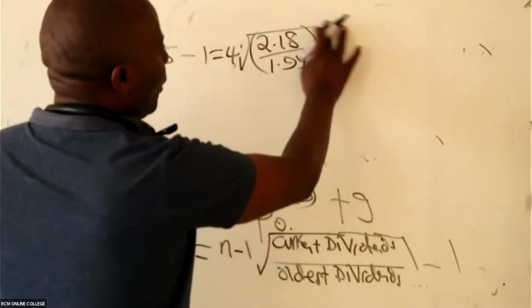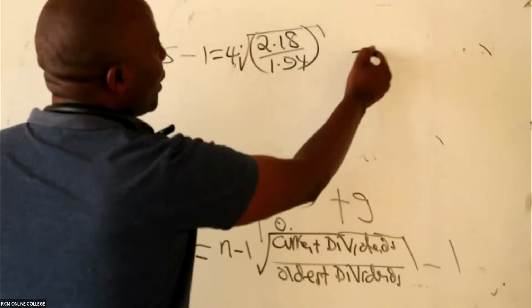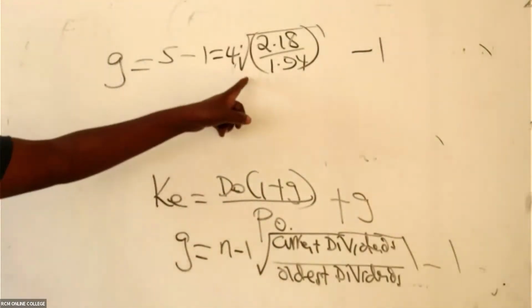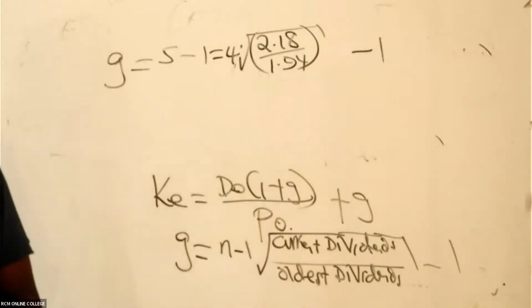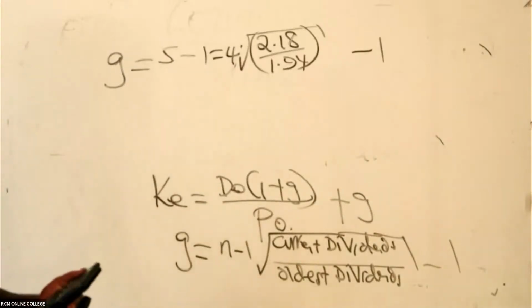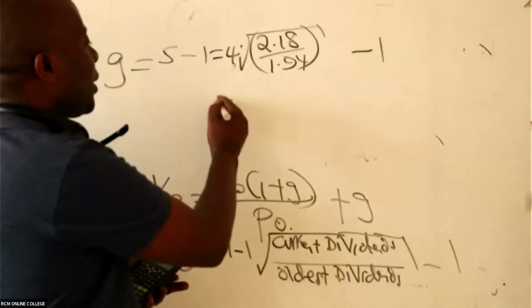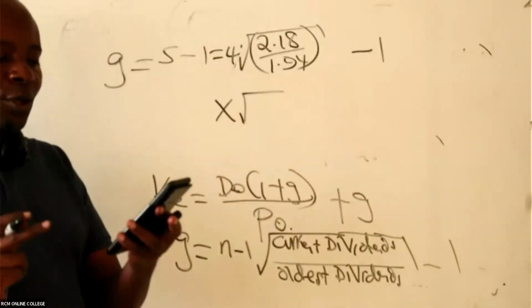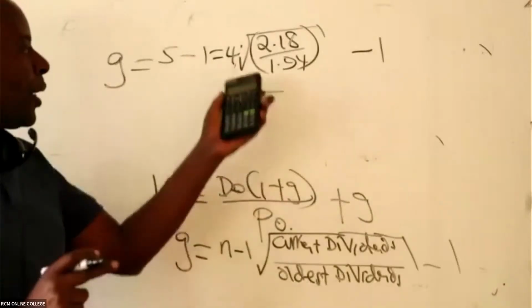So whatever we shall be able to get out of this, we shall come and subtract the 1. And remember, you're going to do these things separately. In your calculator, I hope you are able to see where we have a signal like this. It's written x root, not the normal root, x root. So what I will do, first of all, I'll press 4.